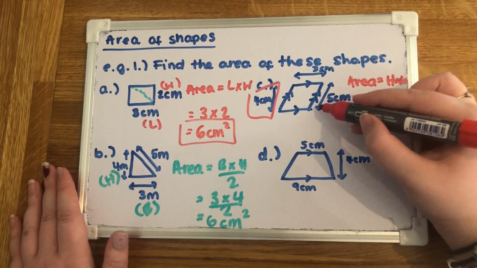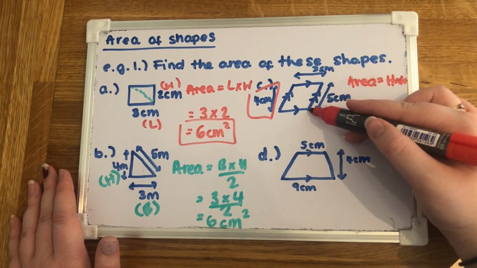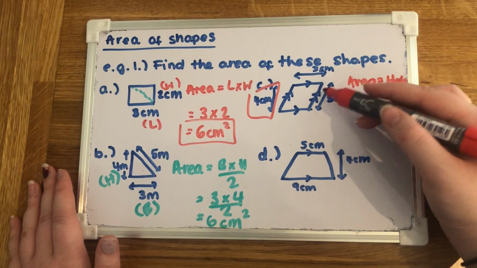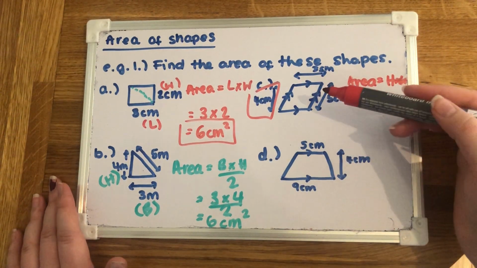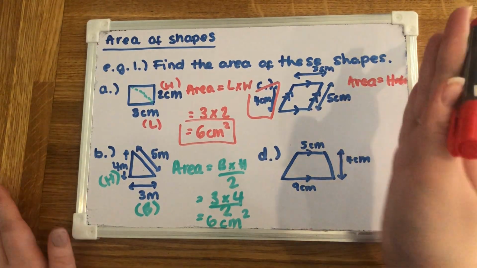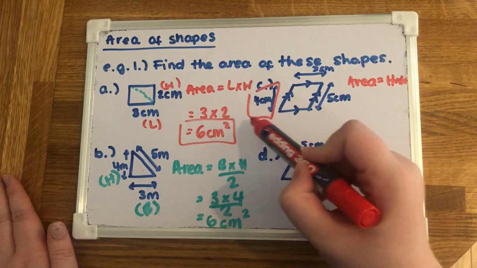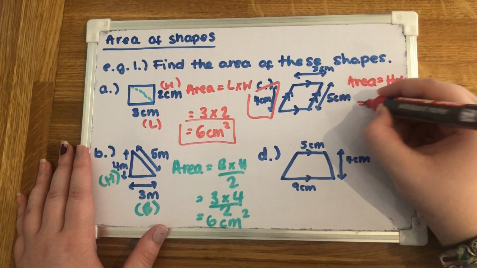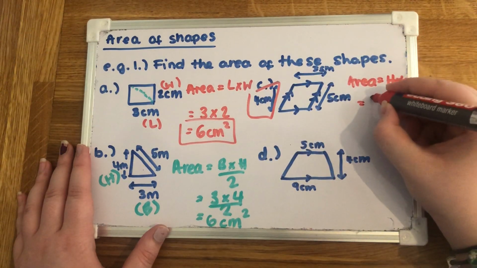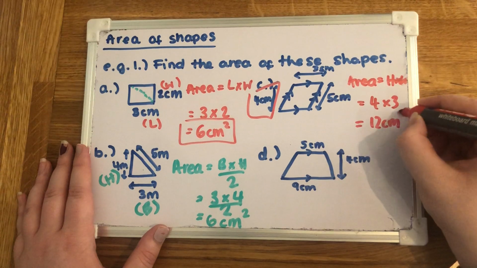If you were finding the perimeter, you would use that diagonal length, because that's the length of the side. As I've said in a previous video, a parallelogram is just like a pushed over rectangle, so if we pushed it upright to find the area, it would be this, which would be the height of the parallelogram. So we do 4 times 3, which gives us 12 centimetres squared.